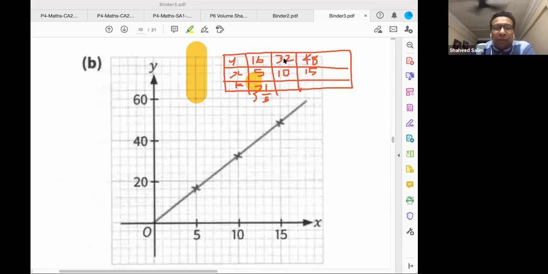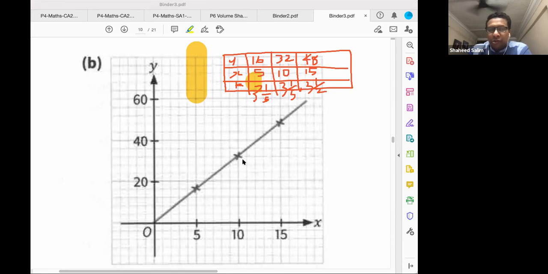If you divide by 2 divided by 2, you get 3.2. What is 3.2, Akila? Yes, 3.2. It's 3 and 1/5. Yes, correct. And then down here, 3 and 1/5, so 3.2. So K is constant.